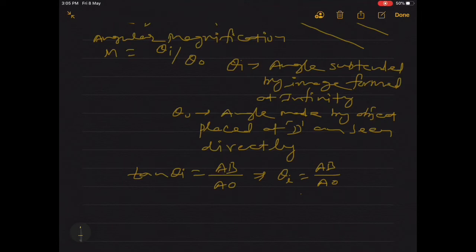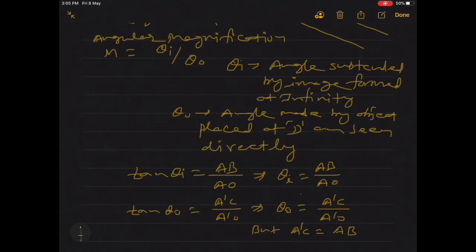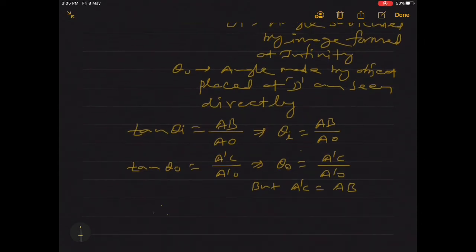Likewise, we can write for tan theta O also, and that tan theta O is equal to A dash C upon A dash O. So theta O is equal to A dash C upon A dash O, but A dash C is equal to AB, and therefore theta O is equal to AB upon A dash O.